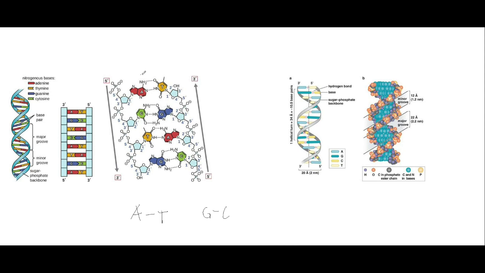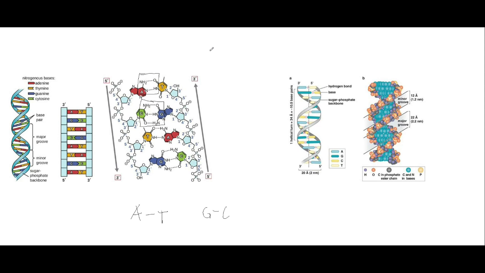And one thing you'll notice is the hydrogen bonds on here, there's only 2, and there's 3 on here. So what that means is in parts of the DNA strand where you have lots of GC content, then our DNA is actually held together stronger. Whereas if you have a lot of A's and T's, then it's not held together as strong, and the DNA double helix can come apart more easily.